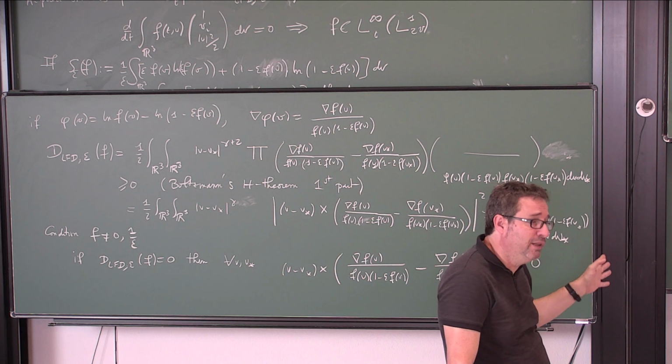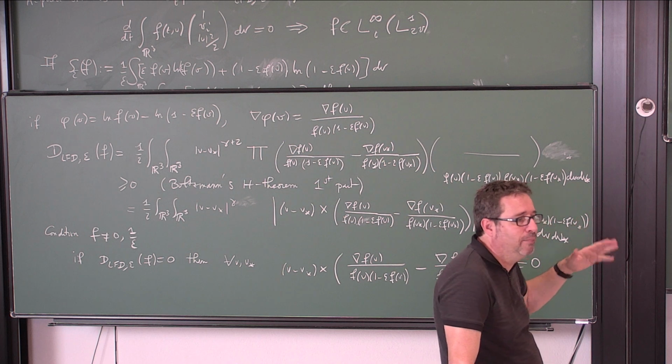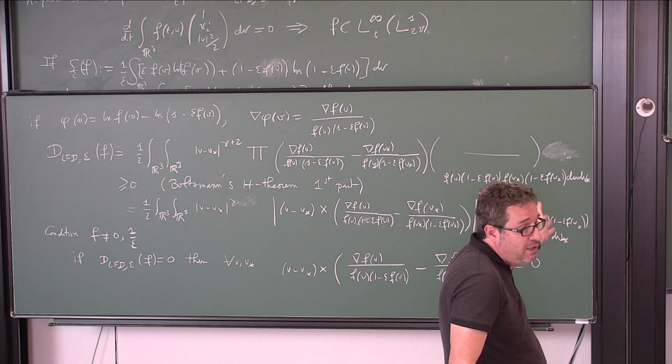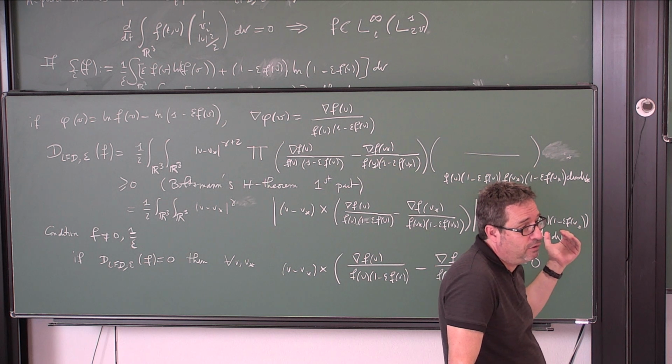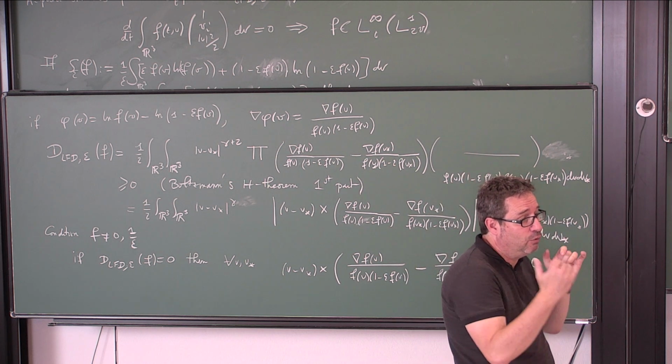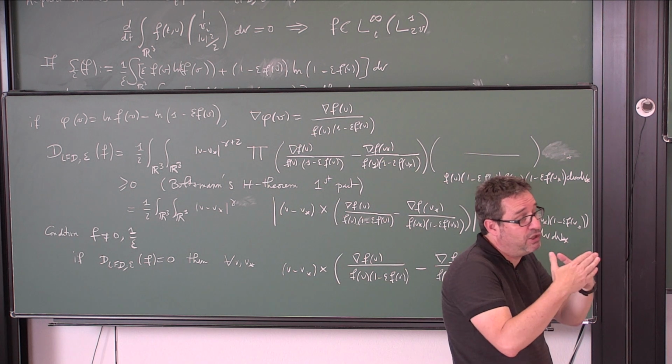Now, if you forget completely about the n particle model, you can check that from the point of view of PDEs, you have a maximum principle for the Landau Fermi-Dirac when f is equal to 1 over epsilon. Basically, because you always have 1 minus epsilon f in the equation, which will be 0 when you reach 1 over epsilon.